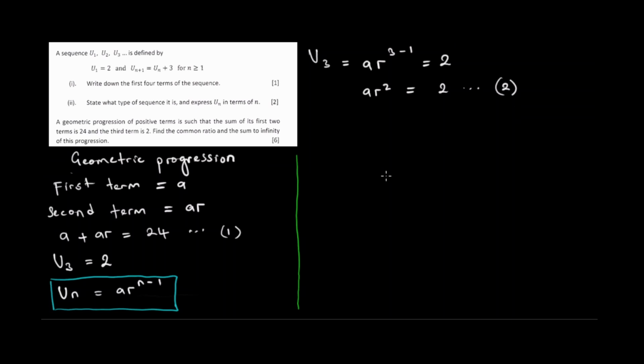So how are we going to do that? Let me put all these equations pan 1. a plus ar is equal to 24 like that. And then this is equation 1. ar squared is equal to 2. This is equation number 2.